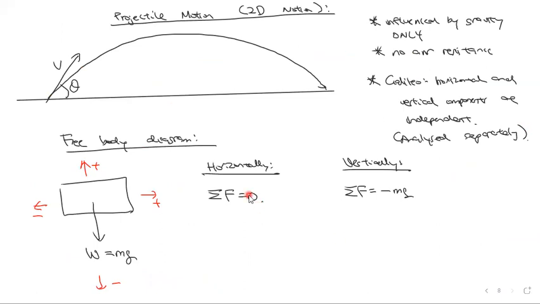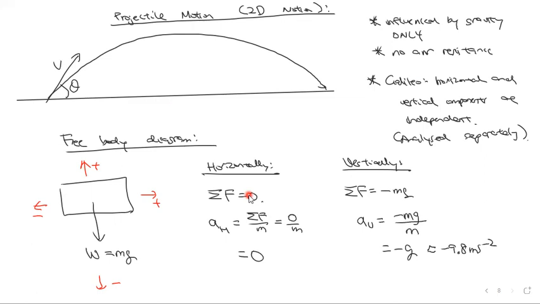So let's do that. Let's work out the acceleration horizontally. It's going to be the net force divided by m, but in this case, it's just 0 divided by m. So that means the horizontal acceleration is 0. And the vertical acceleration would be, well, negative mg divided by m, which means that will be negative g, which is approximately negative 9.8.